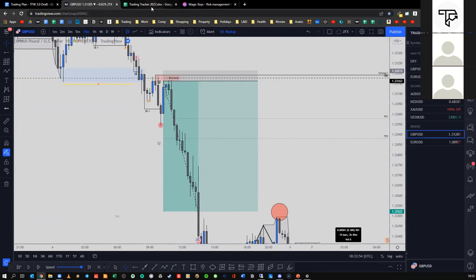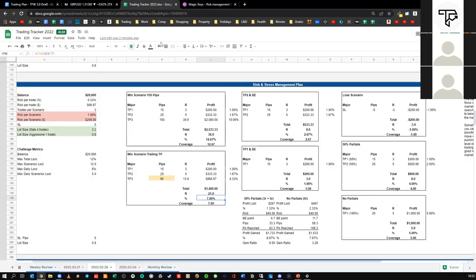In terms of your coverage, if I go back to the maths for a little bit, you're risking 1% on your trade. So that's $200. If you hit TP1 and hit a break even, you make 1%. So every time you take a trade and you hit TP1, it will cover you for the next trade.